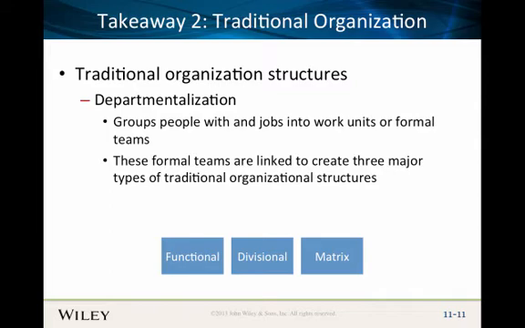Because there are different ways to group people and roles together, there are different organizational structures. They're all based on the premise of departmentalization, and they differ based on how you departmentalize, the choice that you've made in grouping tasks or roles together.